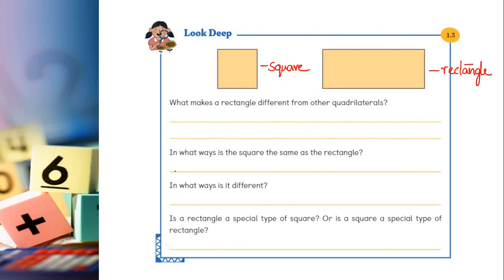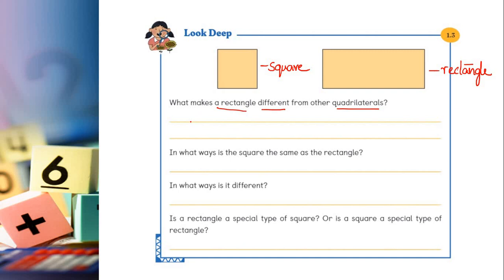Few questions are there. You have to answer them. What makes a rectangle different from other quadrilaterals? Different quadrilaterals are there. From that quadrilaterals, what is the difference between that quadrilaterals and a rectangle?